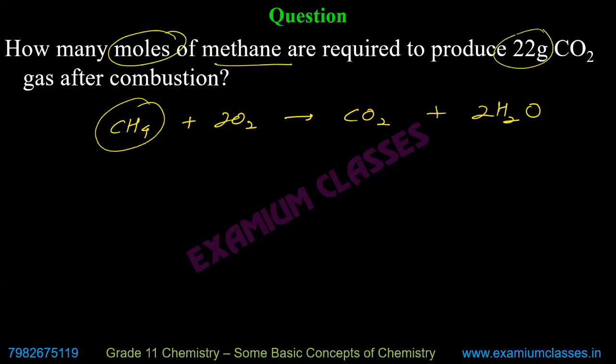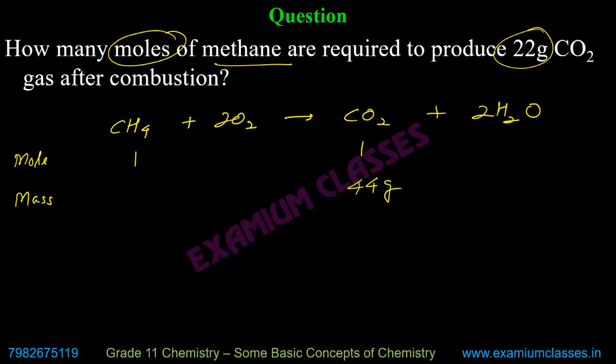Say 1 mole produces 22 grams of carbon dioxide. Now it is moles and mass, but it is again easy. You will first write the moles ratio, 1 and 1. What is the molar ratio? 1 is to 1. And in terms of mass, this carbon dioxide will be how much? 1 into 44, that is 44 grams.